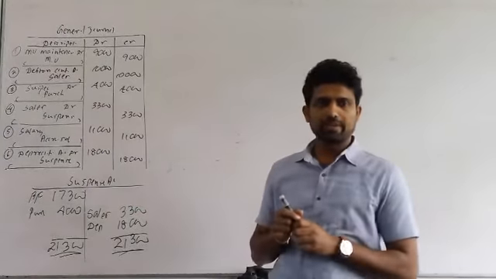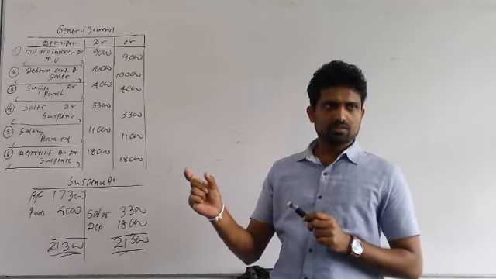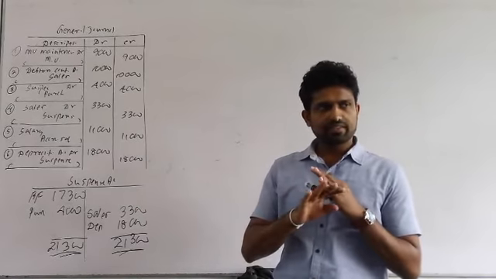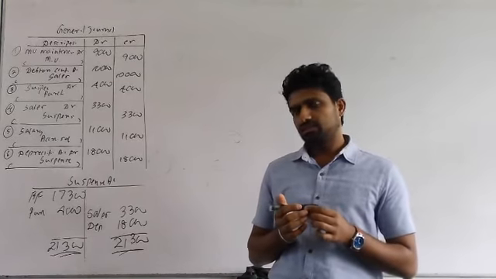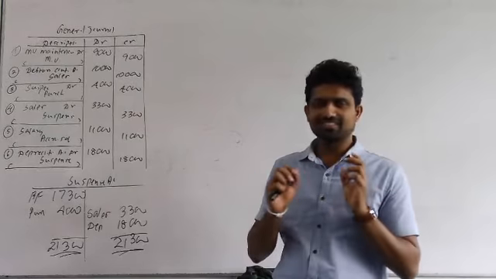So this is the story behind this. You prepare prime entry books. Then you get the total of the prime entry books. We complete double entries for the total of each prime entry book. Then we prepare the trial balance. Then the trial balance is equal.